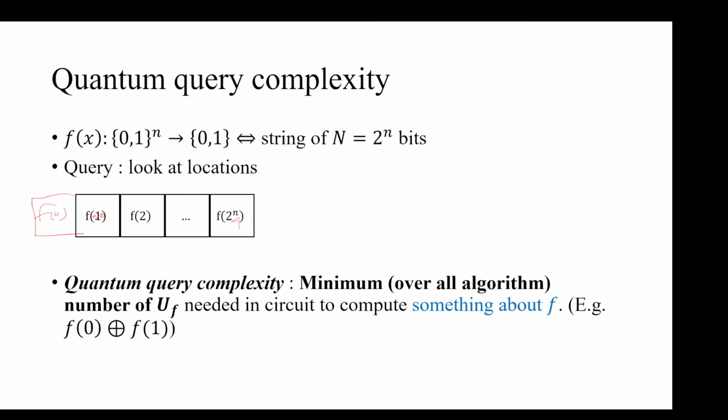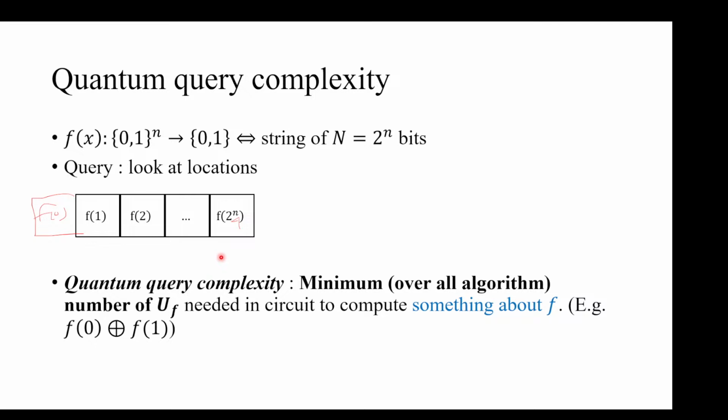We think of f as a string of black boxes. When you do a classical query, you look at one location, and when you do a quantum query, you look at different positions in superposition.